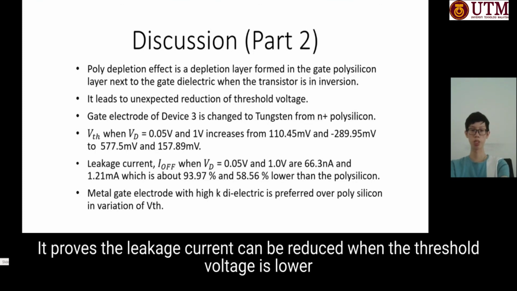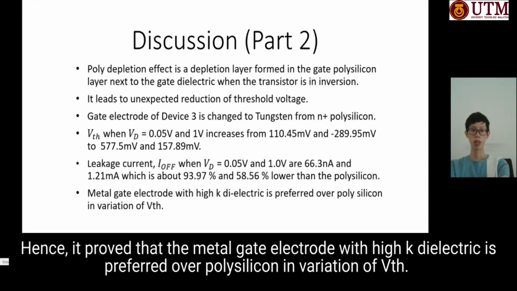This proves the leakage current can be reduced when the threshold voltage is higher, and hence it proves that the metal gate electrode with high-K dielectric is preferred over polysilicon in terms of variation of threshold voltage.